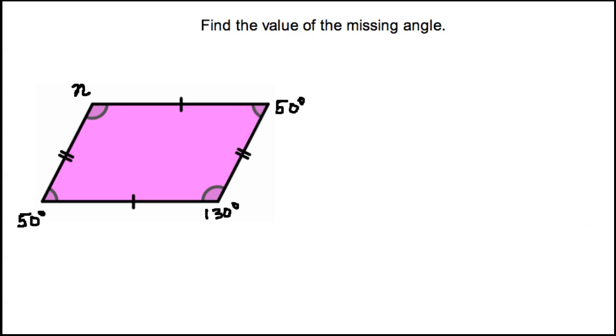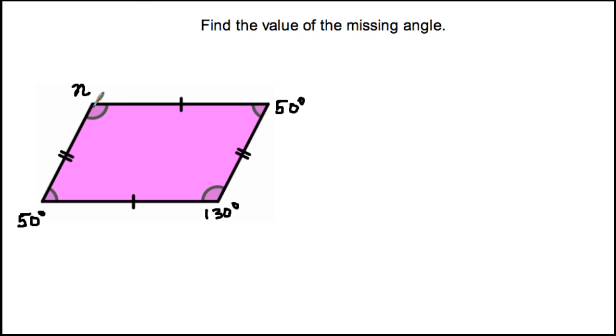Now, just like we did with triangles, we can also find the value of the missing angle in a quadrilateral. There's a couple of different ways to do this depending on what type of quadrilateral you're working with, but we'll look at the way that is the most basic and works with all of them. The first thing to keep in mind is that quadrilaterals are connected to triangles. And if you remember, the sum of the angles in a triangle is 180 degrees. Something that we can do is divide a quadrilateral into triangles.